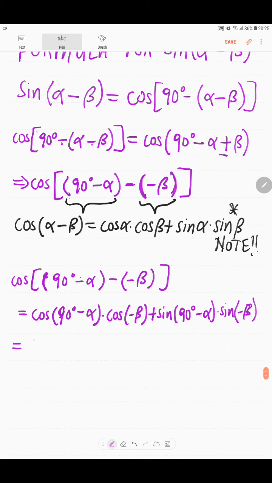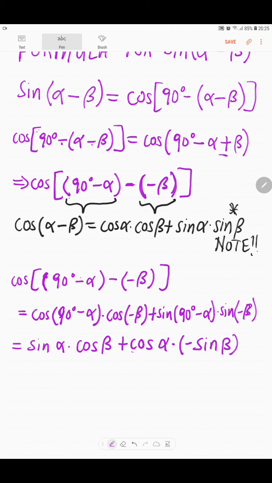We know that the co-function of cos 90 minus alpha is going to be sine alpha, and cos of negative beta is in the fourth quadrant, where the cosine function is positive, so that stays as it is. Here we have the sine function, and we turn it into its co-function, which will be cos alpha, and with the negative beta in the sine function it will be negative sine beta.